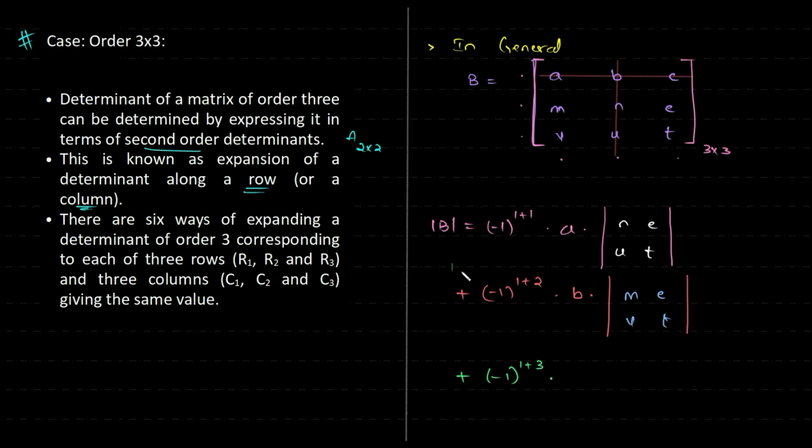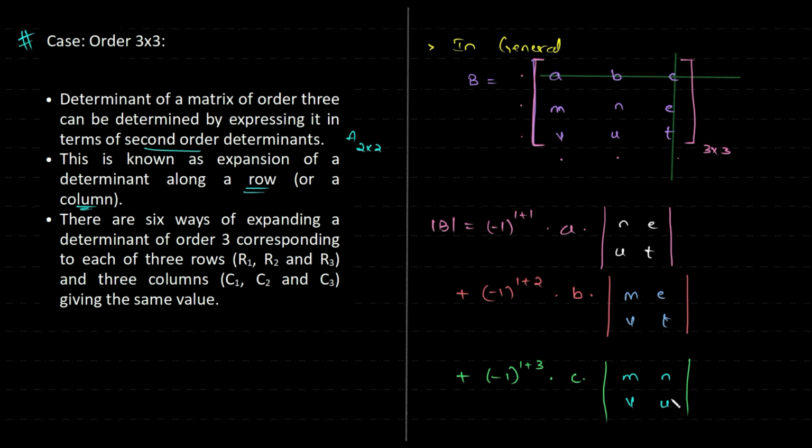Yes, C. So let me pick up C. So C is coming from first row and last column. So we have to multiply C and the determinant of M, N, V and U.